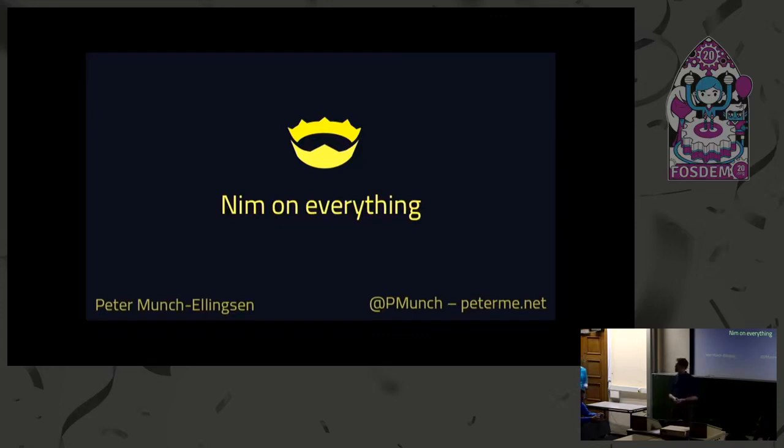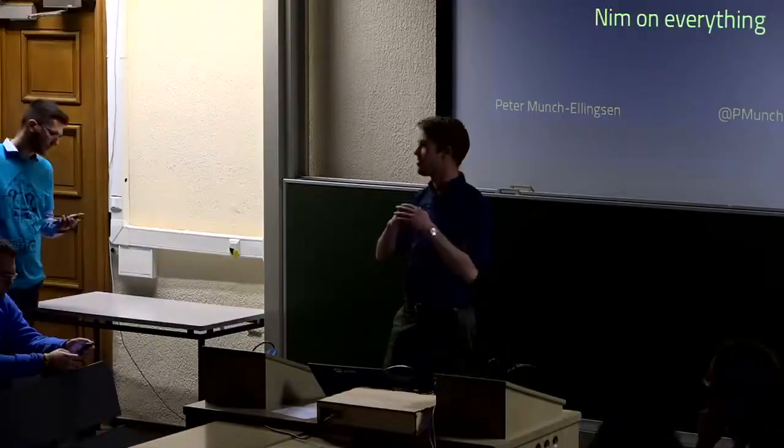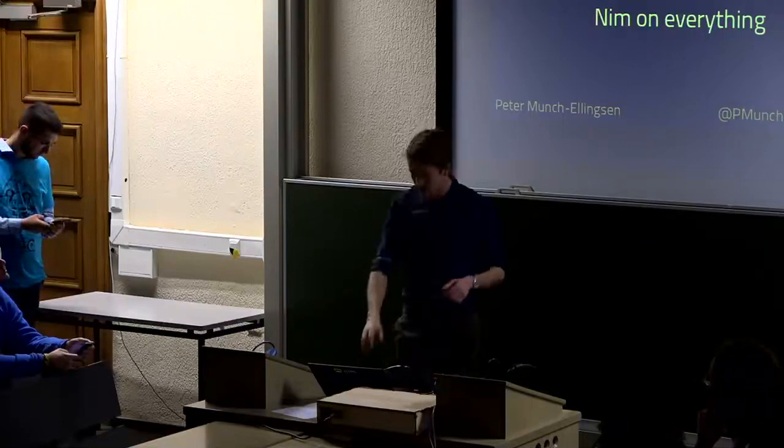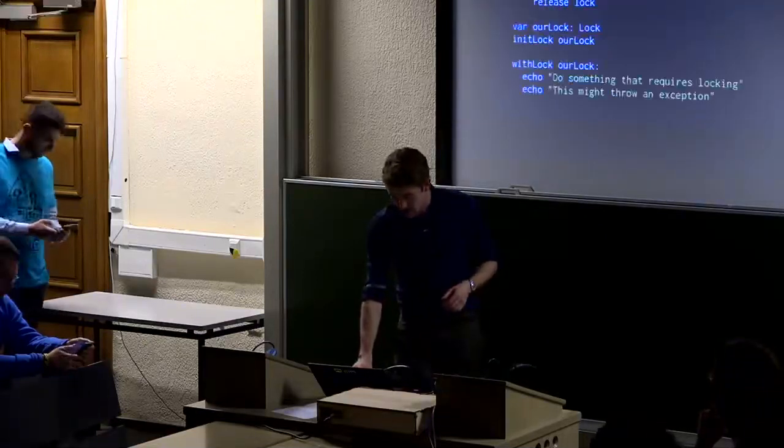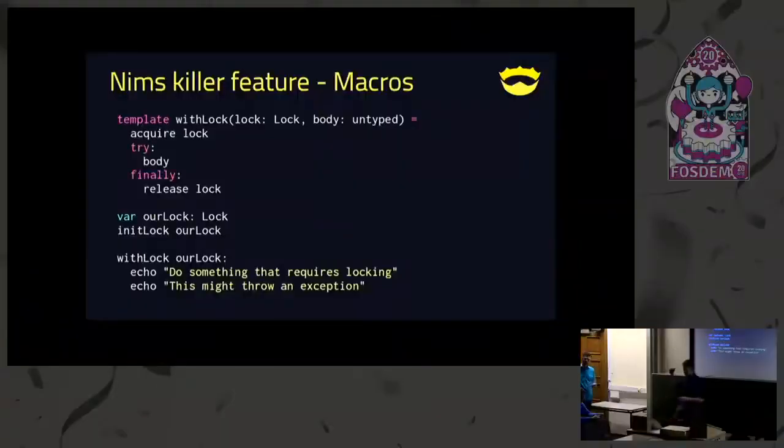So what is the difference between macros and templates? Templates are more like macros in C, so they are simple replacement. If you look at the example here, this template has the lock and the body, and lock and body in this code is just being replaced with whatever you pass in.